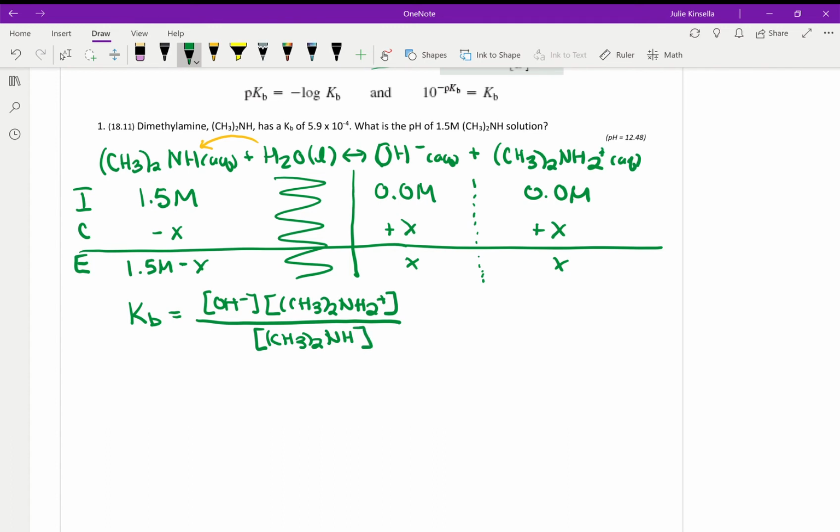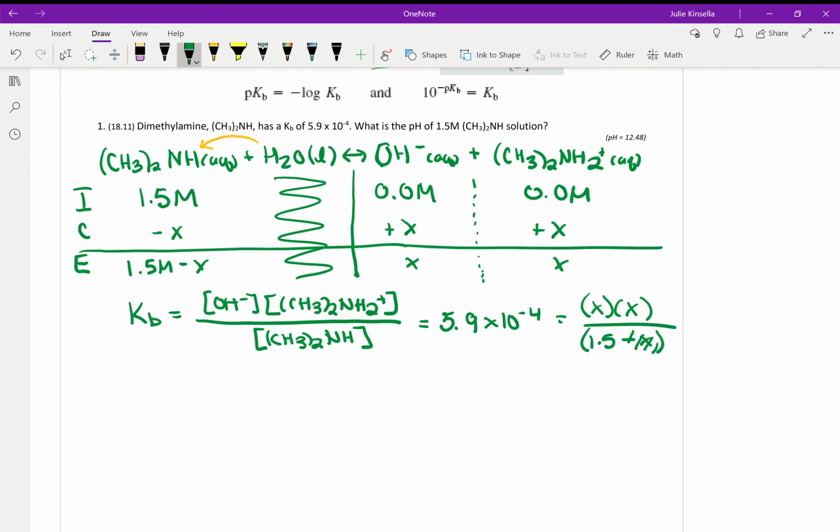They gave us the Kb, so we have 5.9 times 10 to the negative 4 is equal to x times x, or x squared, over our 1.5 minus x. And just like we were doing with the weak acid, we're going to say that the change x is going to be less than 5% of the original concentration, which we'll show at the end. So I'm going to remove that and simplify the expression.